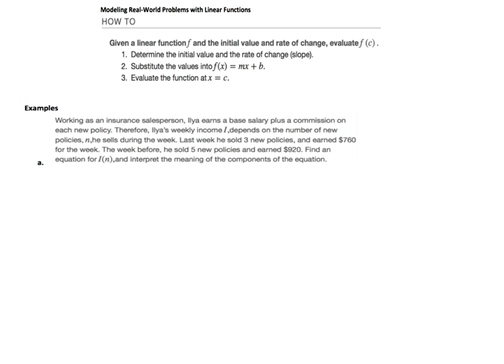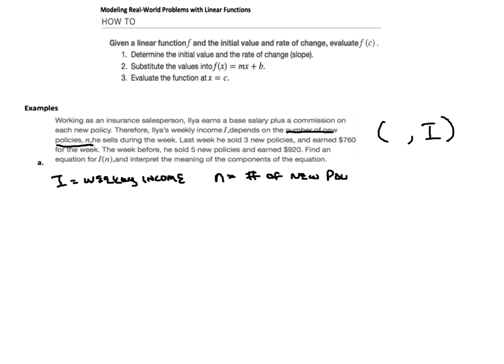Therefore, Aya's weekly income, so I is equal to weekly income, depends on, so this is my dependent variable, so I should expect that to be my output variable, depends on the number of new policies N.